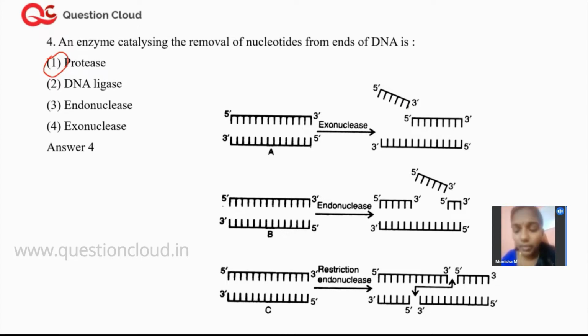Similarly, DNA ligase is an enzyme that helps in sealing the DNA. It is also called molecular glue, therefore that is also an incorrect answer. The third one is very tricky. The third one is endonuclease and the fourth one is exonuclease.